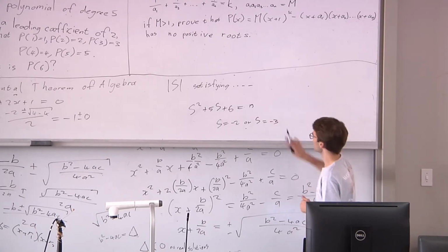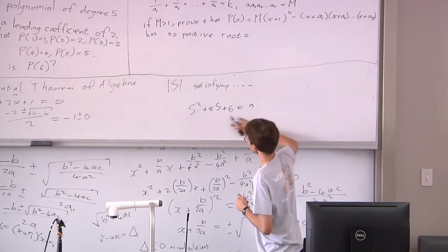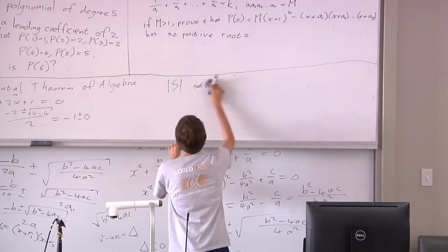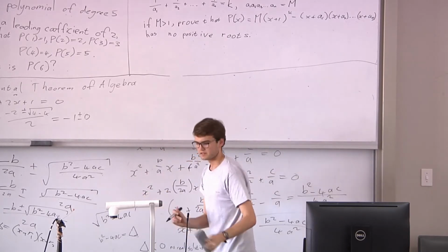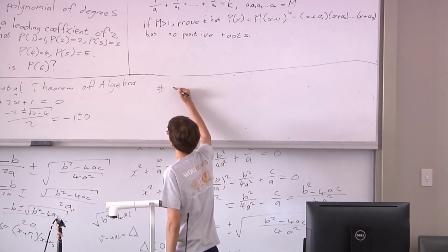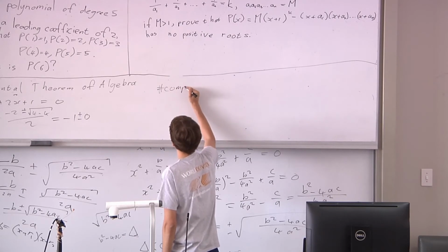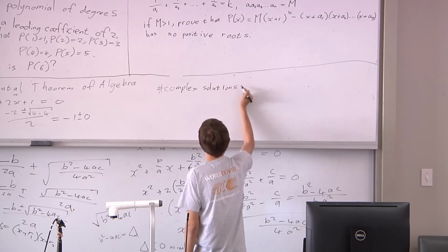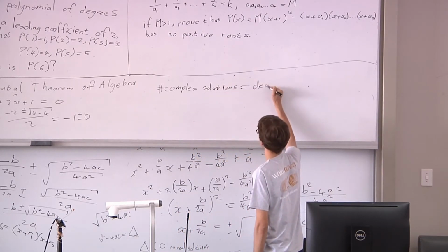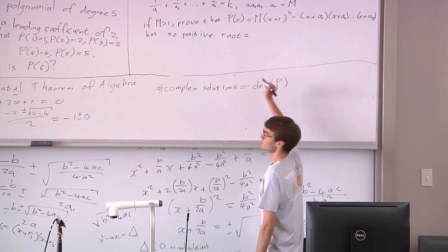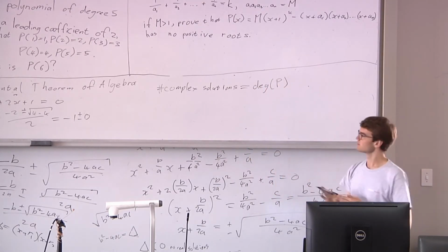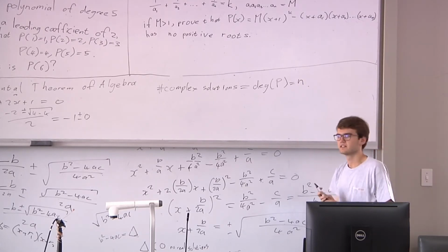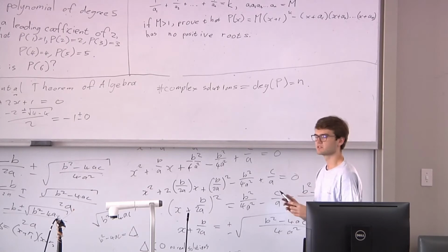So, in general, the number of complex solutions is equal to the degree of p. And p is a polynomial of degree n, so this would just be n. But this isn't necessary most of the time.